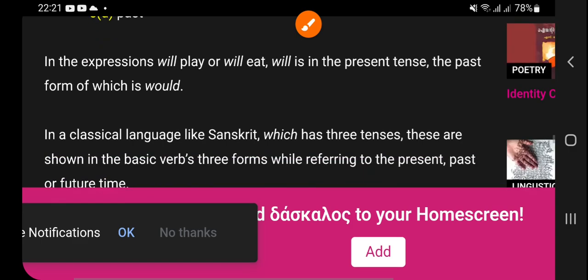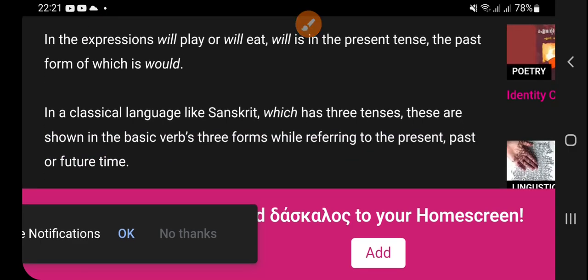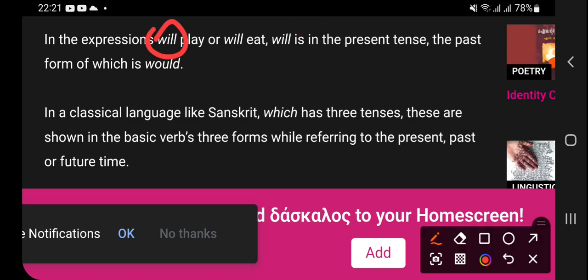Now in the expressions will play or will eat, will is the present tense, the past form of which is would. So in the expression will play, this will denotes present tense. However, through this will we are talking about future, but it is present tense, and the past tense of will is would.